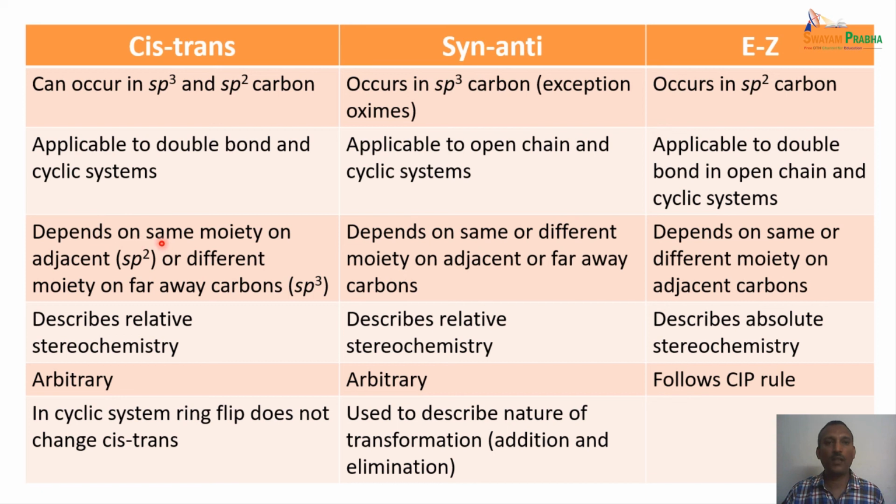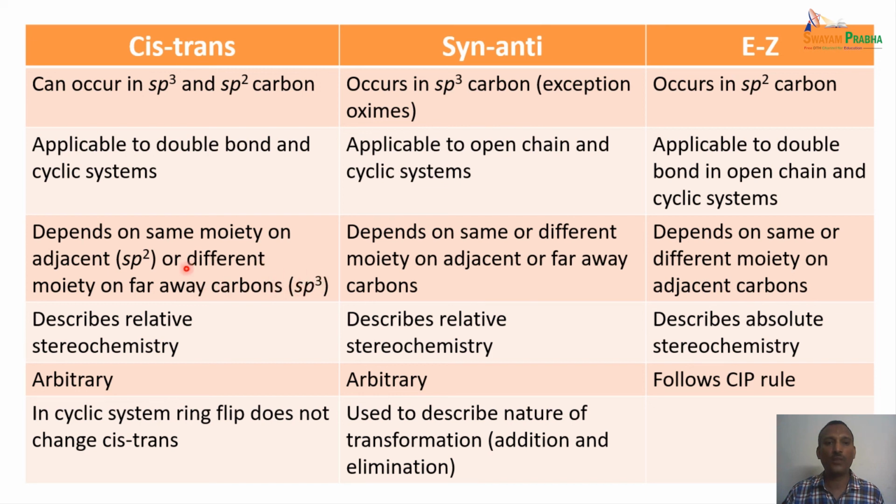And in the case of cis-trans isomers, the same groups or the same moiety is present on adjacent carbons, that is the sp2 hybridized carbon atoms, across the double bond, or on different moieties, that is what we have seen in the zigzag arrangement. It can be on the neighboring carbons, or it may also be on the faraway carbons in the case of sp3.